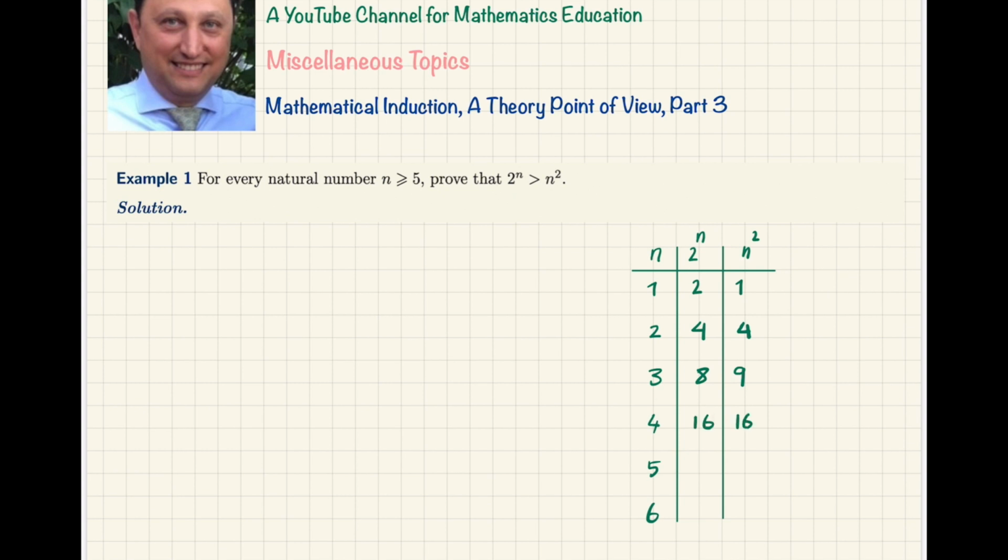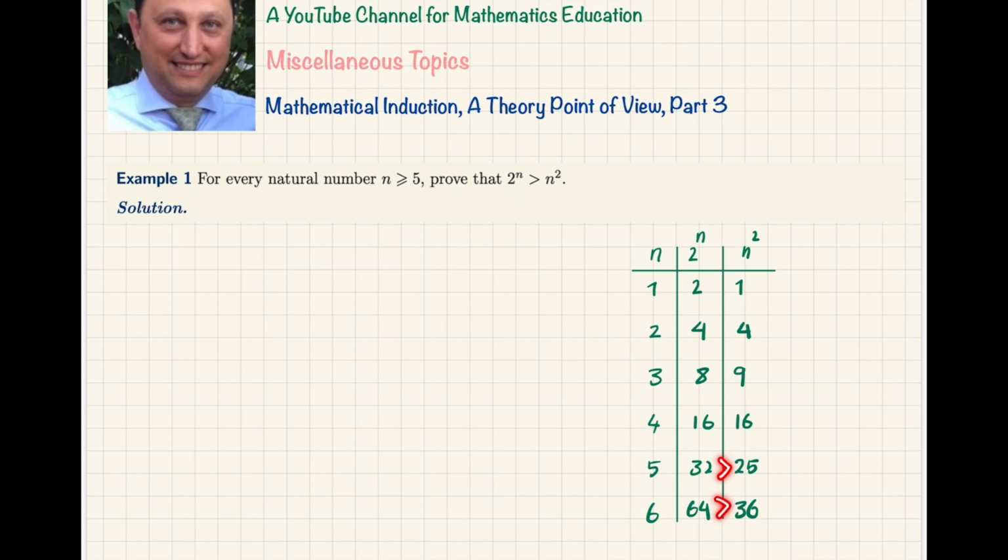Again, this is false. But if I plug 5, this becomes 32, the right hand side becomes 25. If I plug 6, it becomes 64, and then 36. In these two you see that this is a true statement: the left hand side is greater than the right hand side.